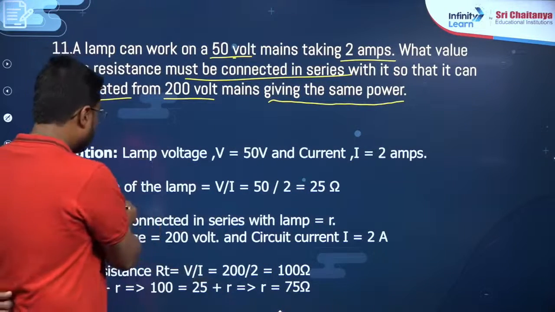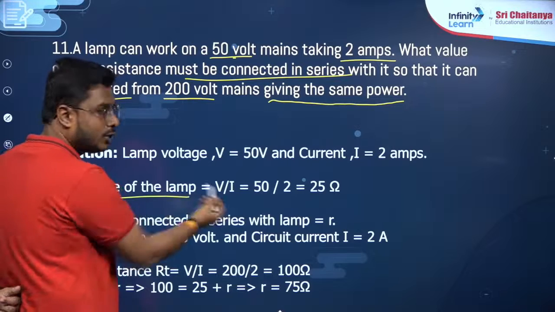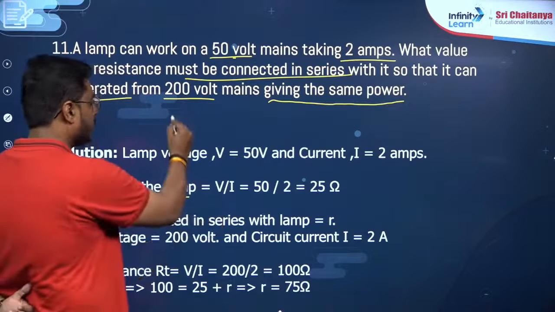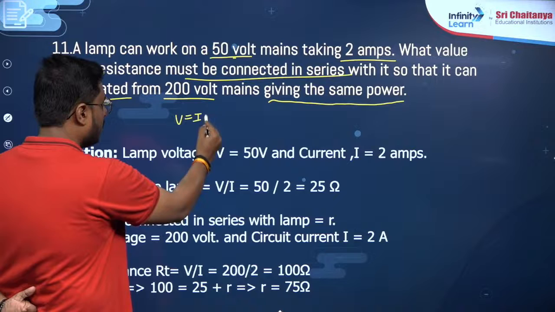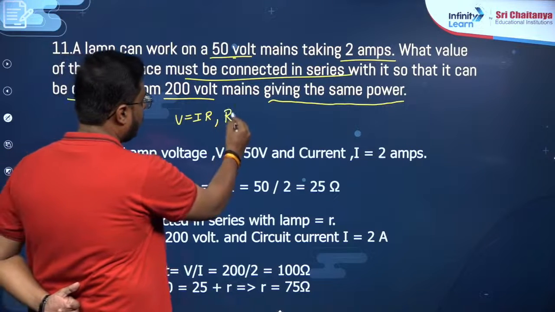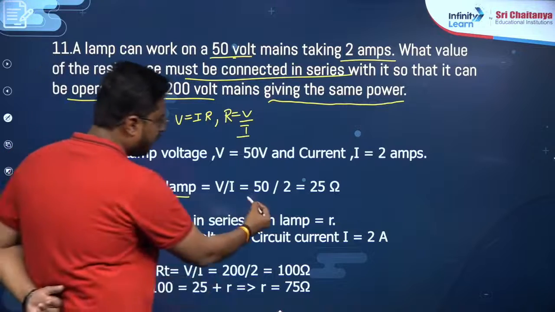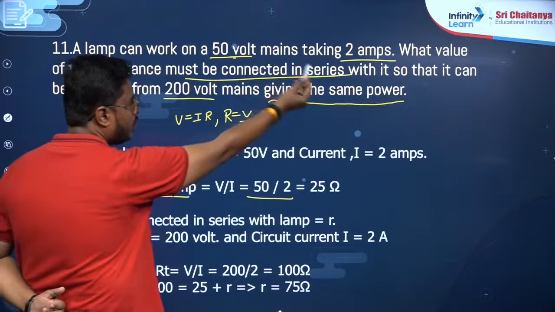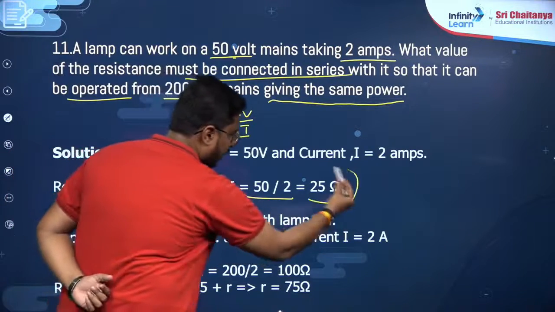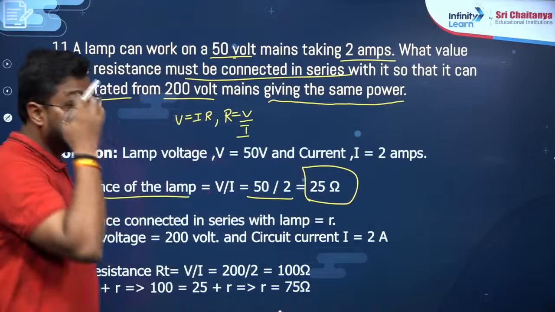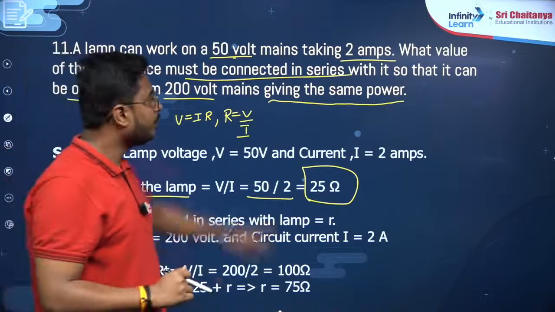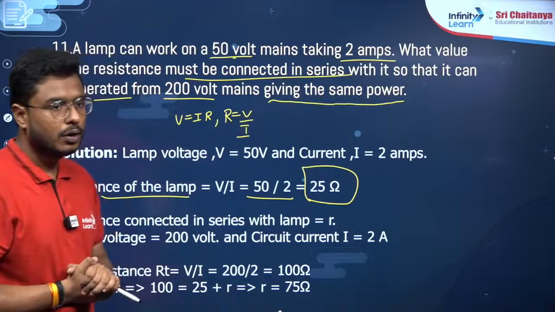So we can say that the resistance of the lamp R is equal to V by I. We all know Ohm's law, V is equal to IR. So R will be equal to V by I. So 50 by 2, because 50 volt, 2 ampere, that is 25 ohm. So initially the resistance there is 25 ohm.